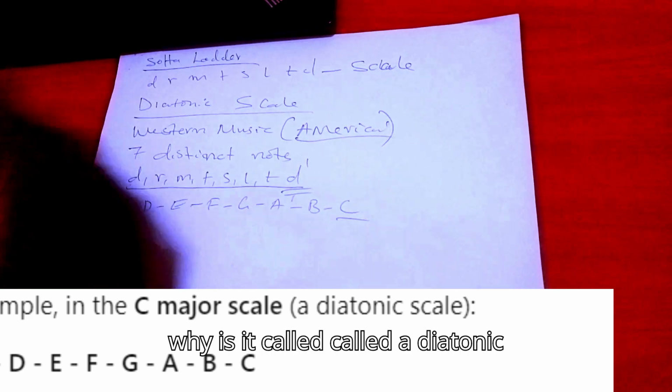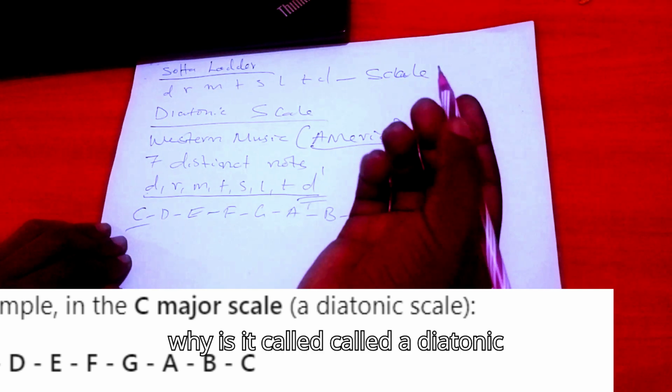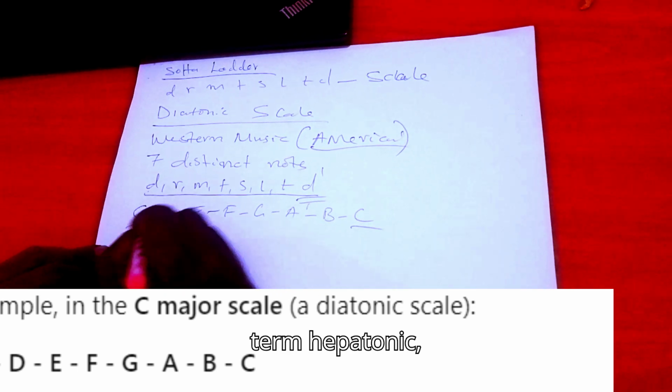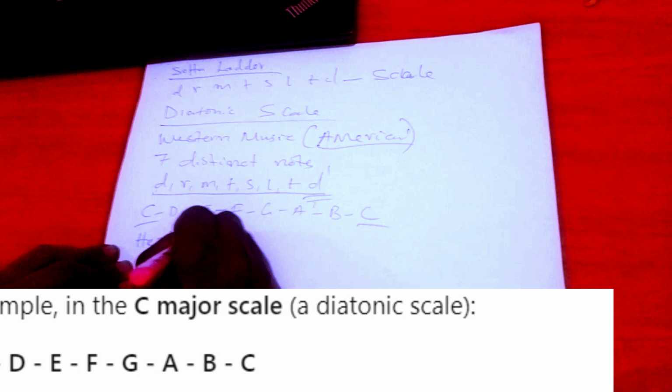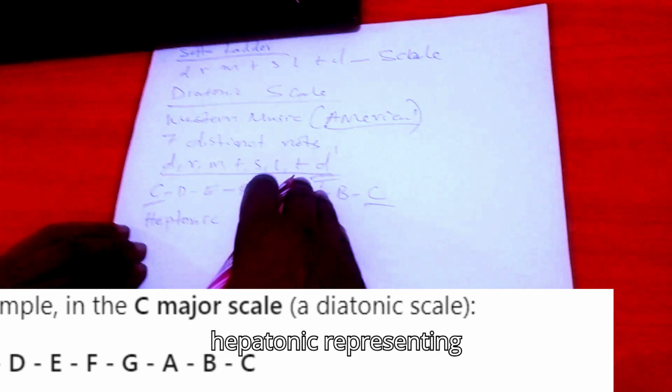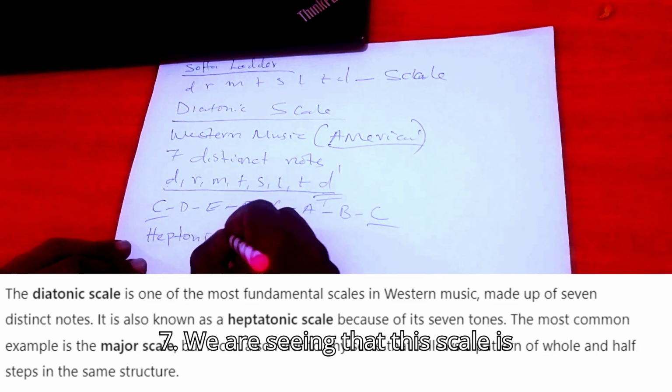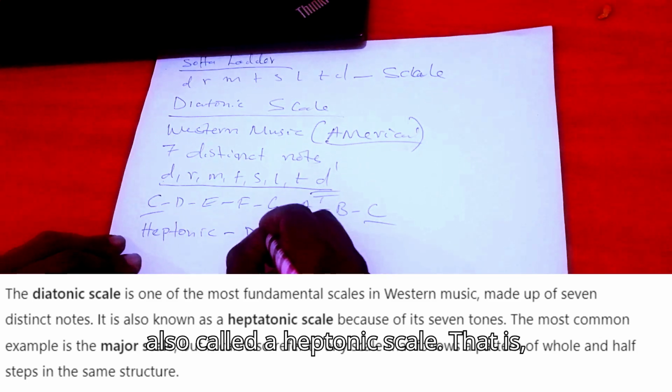Now, why is it called a diatonic scale? First, you are going to introduce the term heptatonic. Heptatonic, representing 7. We are saying that this scale is also called the heptatonic scale.